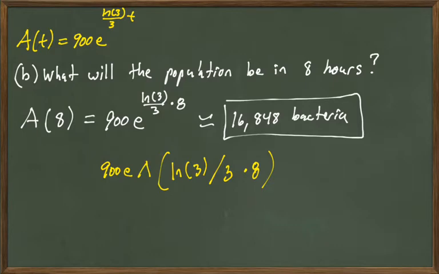The second type is a little bit more complicated because we have to do a little bit more in terms to solve it, and that's solving for how long it takes the population to get to a certain value.